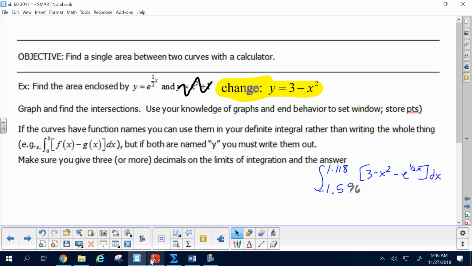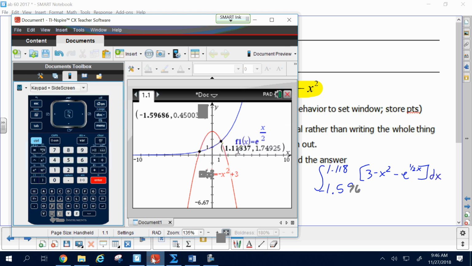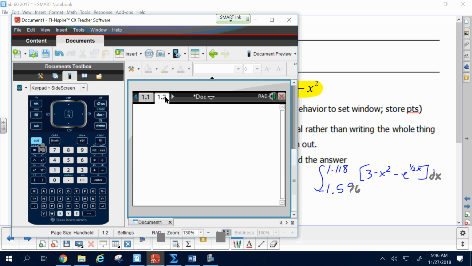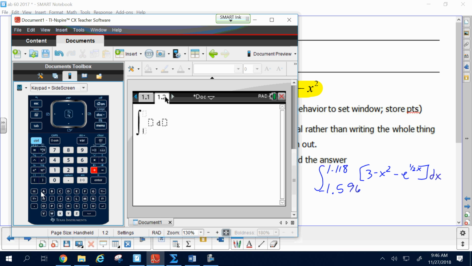Now the calculator does the heavy lifting of calculating the integral. So go to the scratch pad or add a page if you're in a document, and you're going to go in integral. So shift plus, from A, or whatever you called your leftmost intersection, to B, or whatever you called your rightmost intersection. And then you could type in the functions, but you could just as easily recall them.